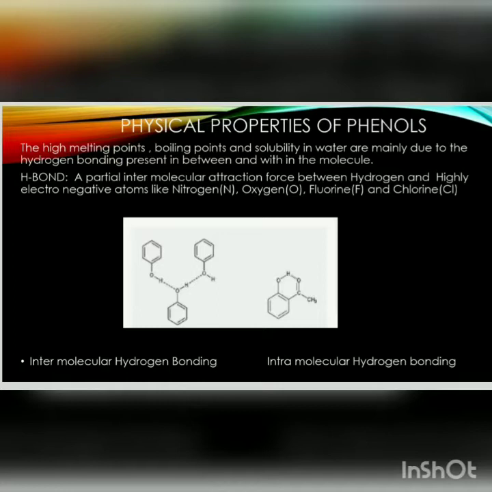For example, the boiling point of phenol is 182 degrees centigrade, while cyclohexanol is 162 degrees centigrade. So what is the reason? Because of hydrogen bonding, phenol has a higher boiling point than cyclohexanol, right?